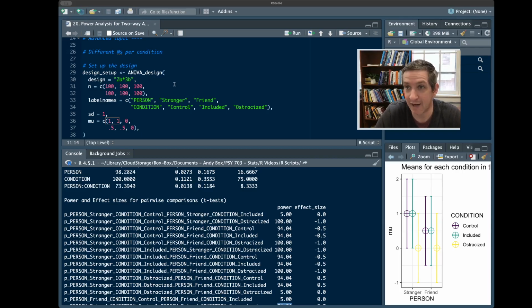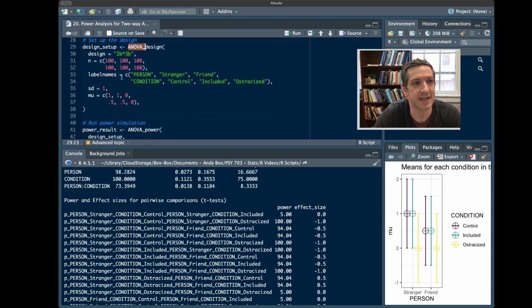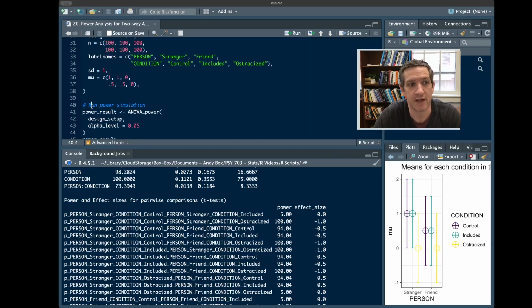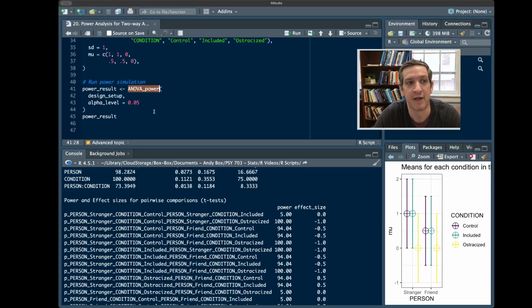You can calculate power assuming different n's per condition using this approach here where you give the same sorts of information, except for now you give particular n's per condition. The only difference is down here when you run the power computation itself, we're going to use a simulation approach using ANOVA power.